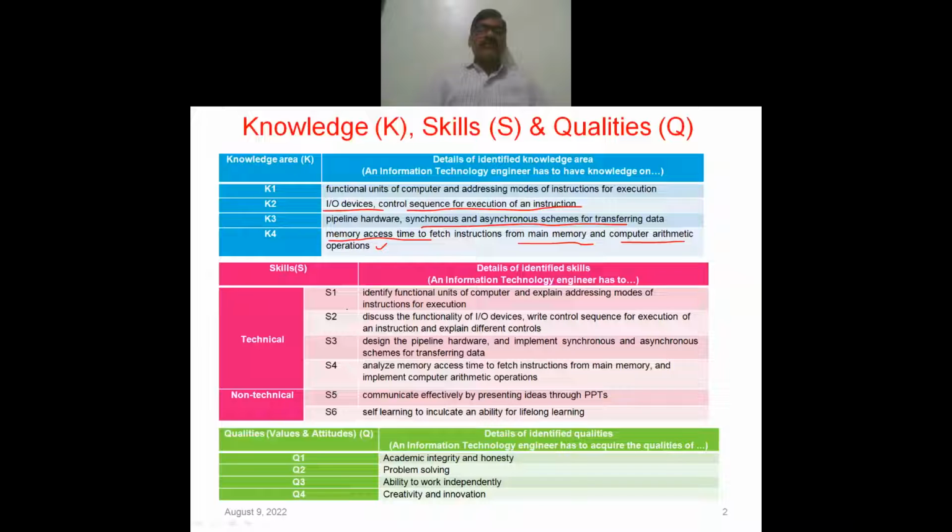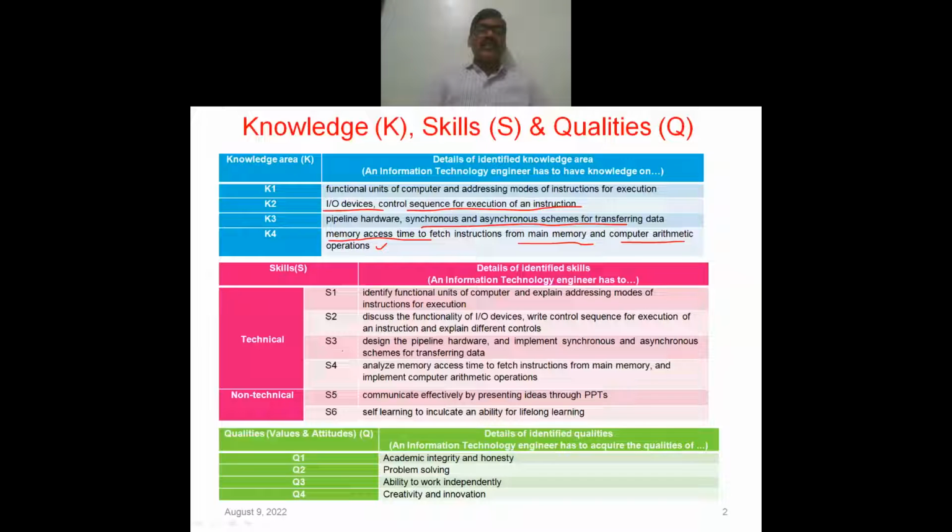The first skill is that you are able to identify the different functional units of a computer, and identify or explain various addressing modes used in instructions. The second skill, S2, is that you are able to discuss the functionality of IO devices, write the control sequence for execution of an instruction, and explain different types of controls.